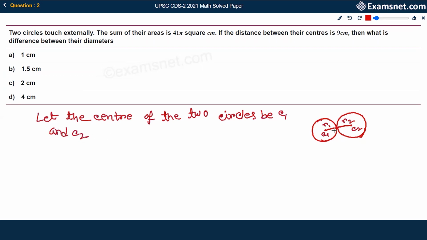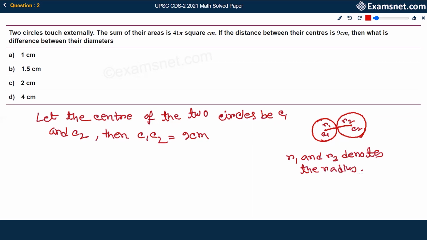And the distance between their centers is 9 centimeter, then C1C2 is 9 centimeter. Okay, so here R1 and R2 denote the radii. Also, it's been given the sum of their areas is 41 pi centimeter square.